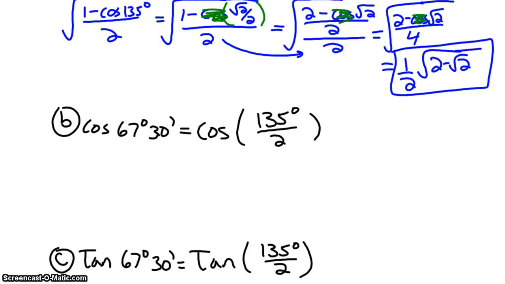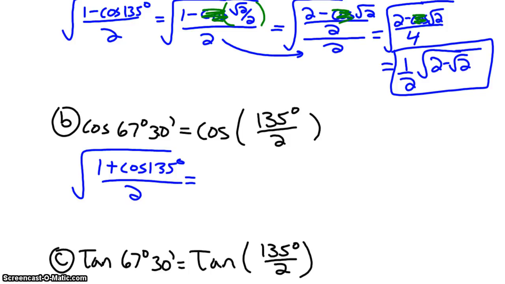Now let's be a little cleaner on this one. Again, we're going to do the same technique. Now notice, when I take this radical, this time it is 1 plus cosine of 135 degrees over 2. And without making that mistake, I'll see 1 plus radical 2 over 2, all over 2.